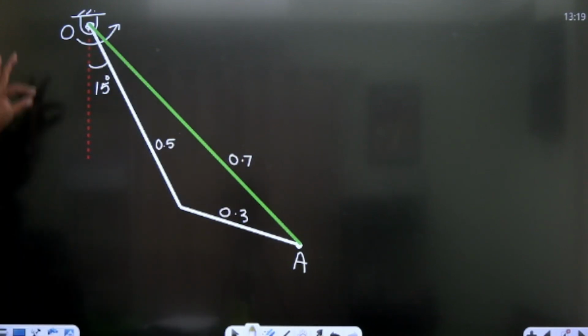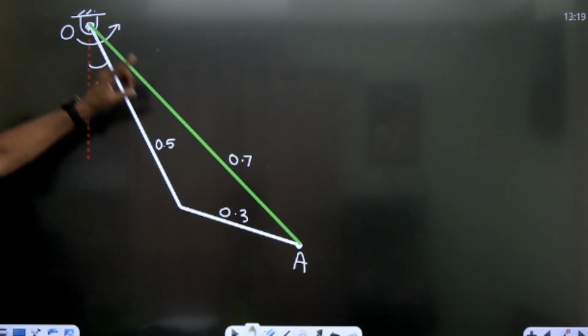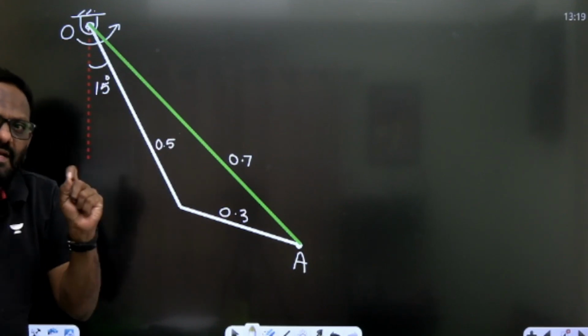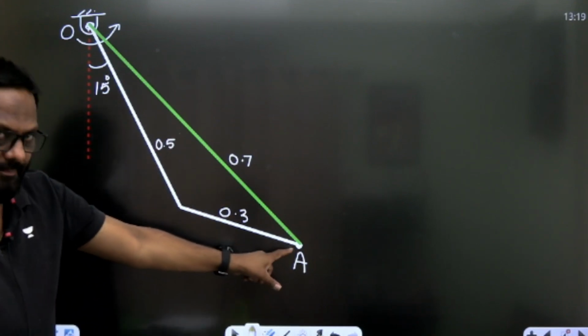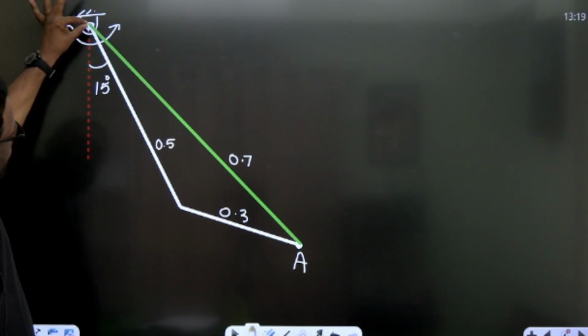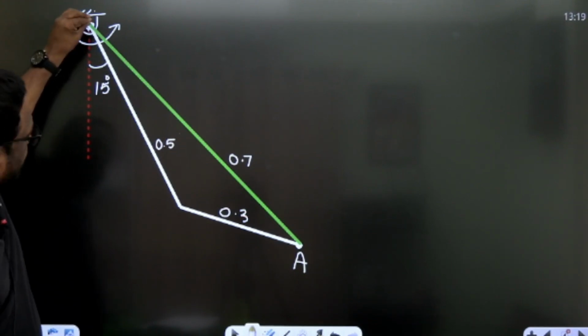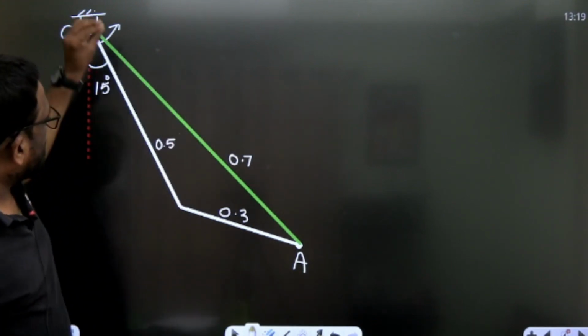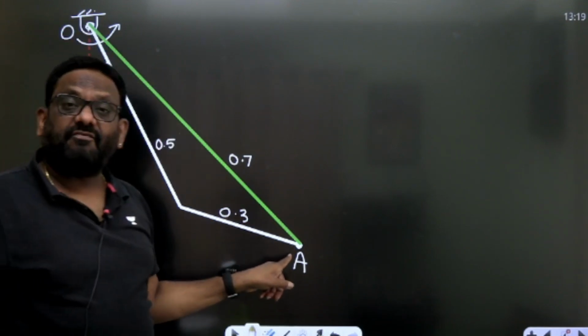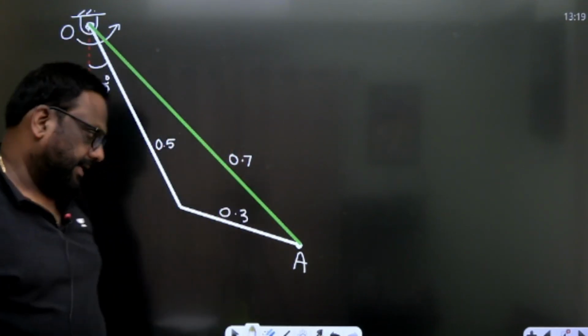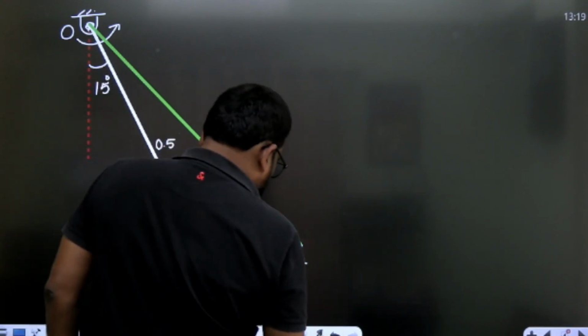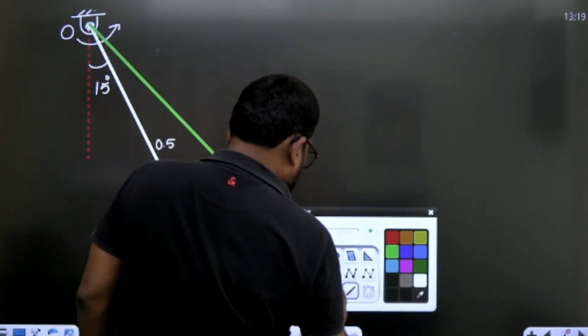Now, with respect to this, let us find out where he is asking us to calculate acceleration. Point A. So with respect to this, as it is rotating, this is the absolute point. This is rotating with respect to it. So with respect to this, let us find the position vector of A. Okay sirs. Let's do that. Now let us try to find out the position vector of A.